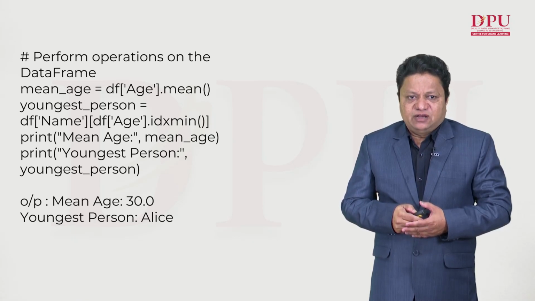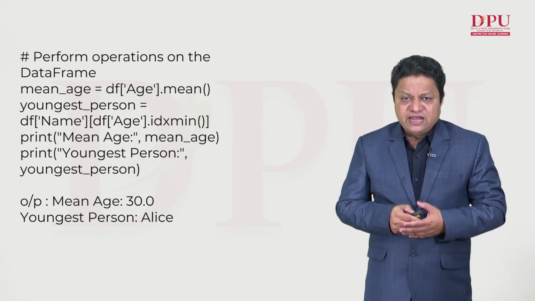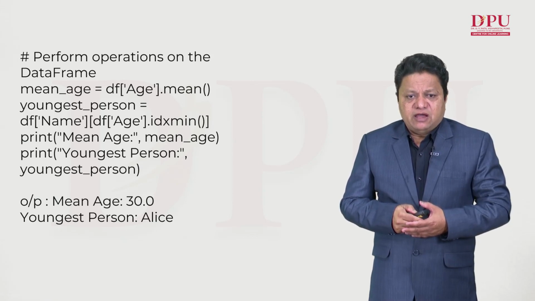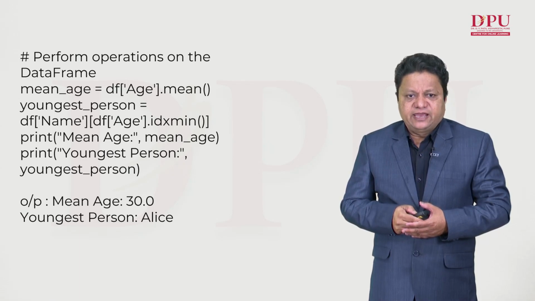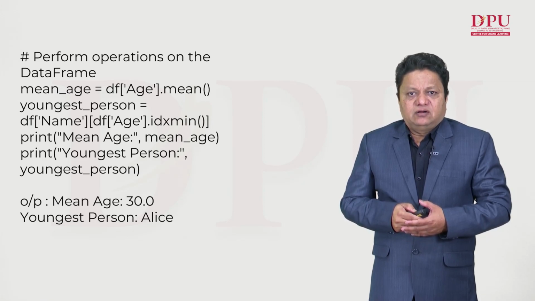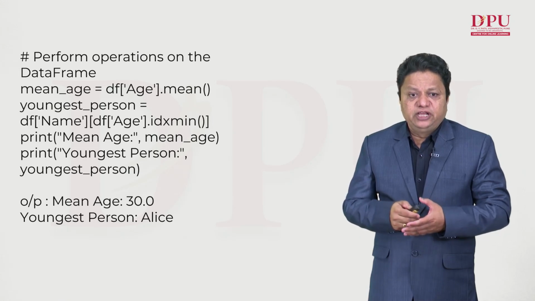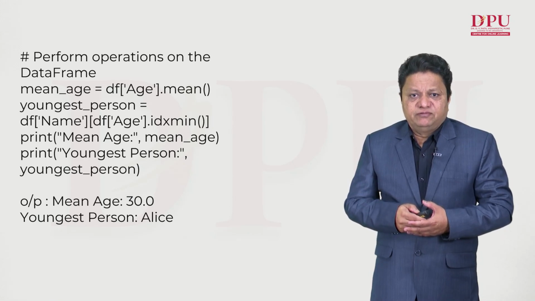So, here are some of the operations that we can perform on a data frame. If I have to find out the average age, or the mean age, of the persons, I can call the mean function on my data frame, like mean_age is equal to df, in the square bracket, in single inverted commas, I have to give the key.